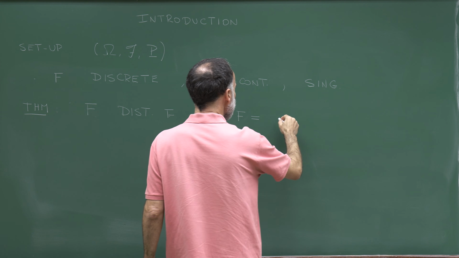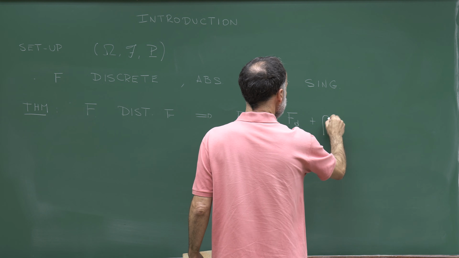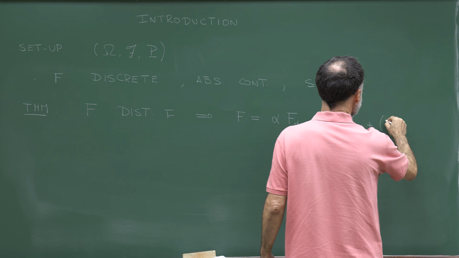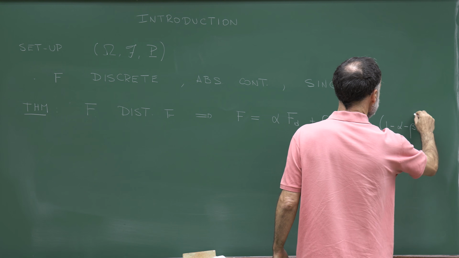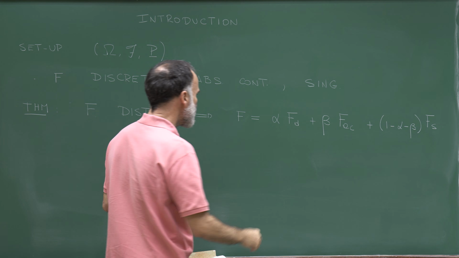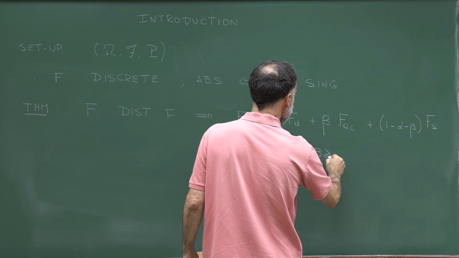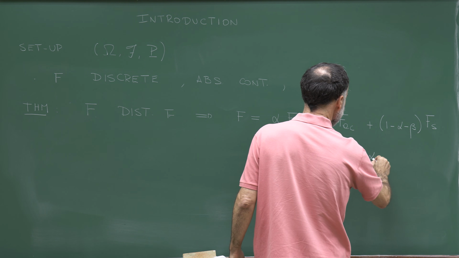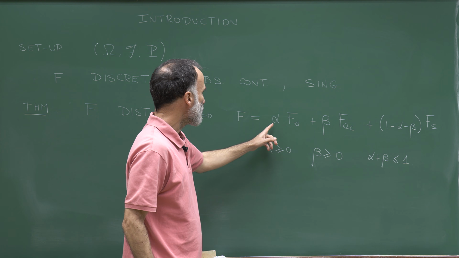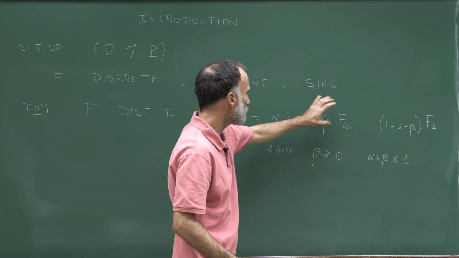So this means that f can be written as alpha fd plus beta fac plus (1 minus alpha minus beta) fs. So this theorem is telling you that there exist alpha non-negative and beta non-negative, such that alpha plus beta is less or equal than 1, in such a way that alpha, beta, and 1 minus alpha minus beta represent a convex combination of these three.